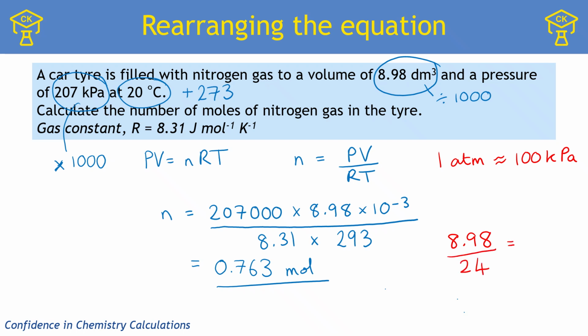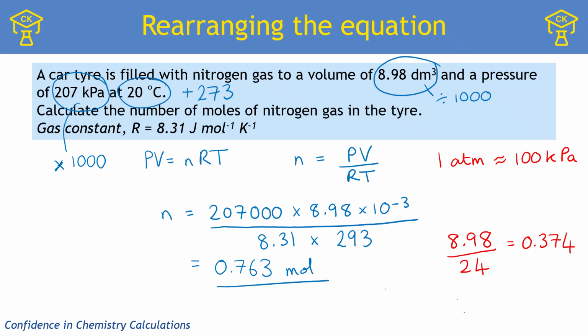And when I do that, I get a number of moles of 0.374. Well, that isn't anywhere close to my actual value, but it is approximately half. And the reason it's approximately half is because this gas in the question is being measured at double pressure. Double pressure would actually take up half the volume even if you had the same number of moles.